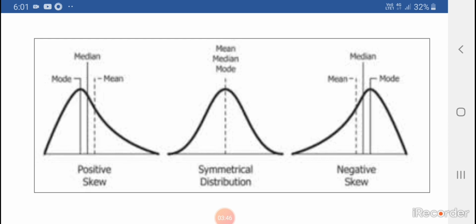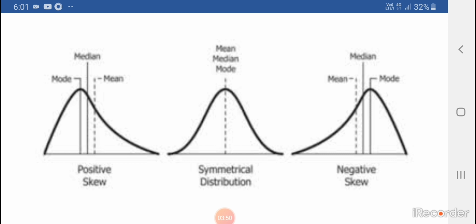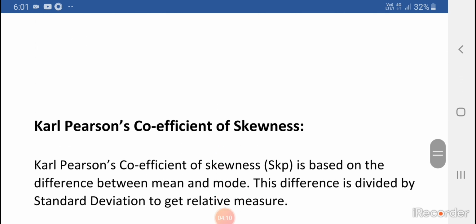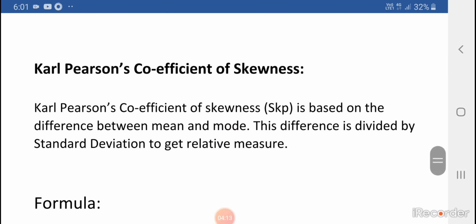That means here the value of mode is more than the value of mean and median lies in between. That is called negative skewness. And the graph in the middle shows a symmetrical distribution. It means it has a neatly bell-shaped balanced curve, and here the values of mean, median and mode are one and the same.